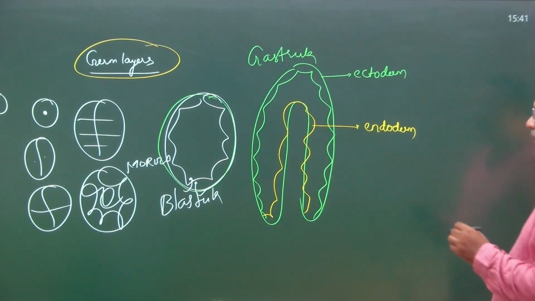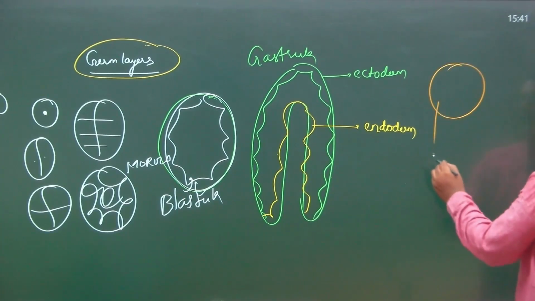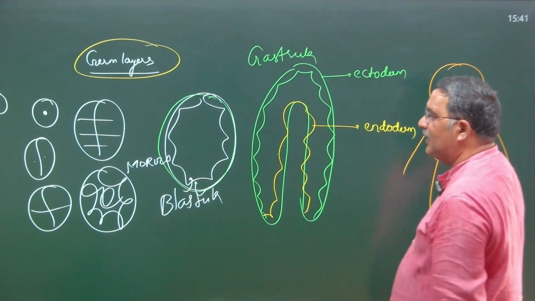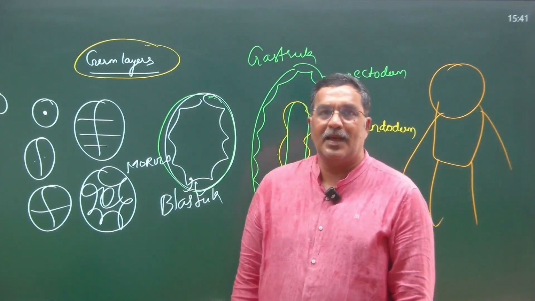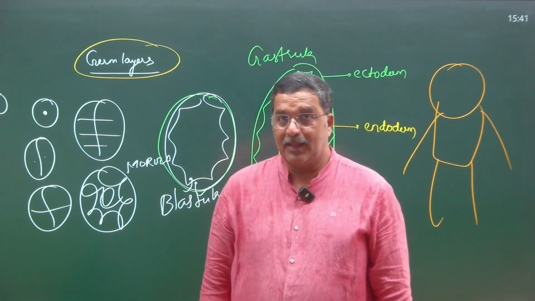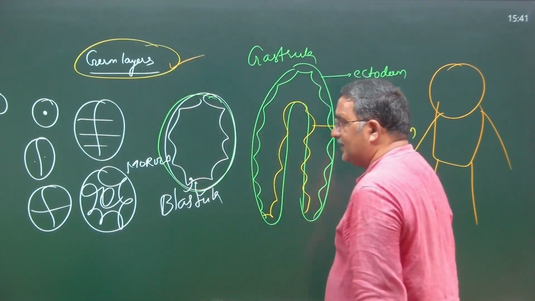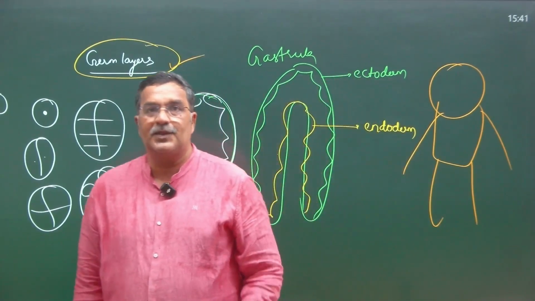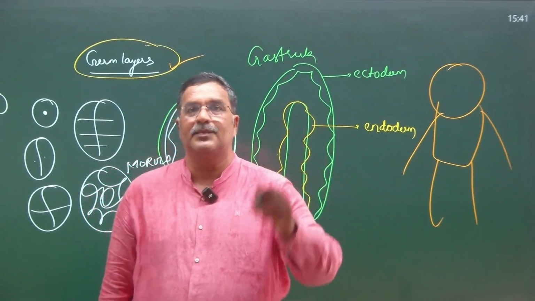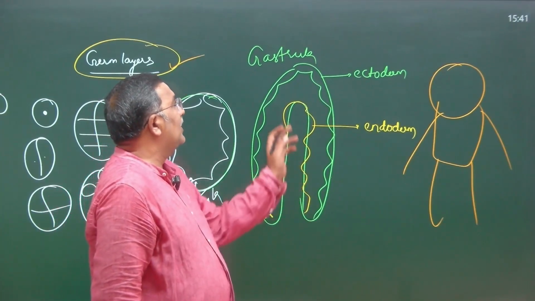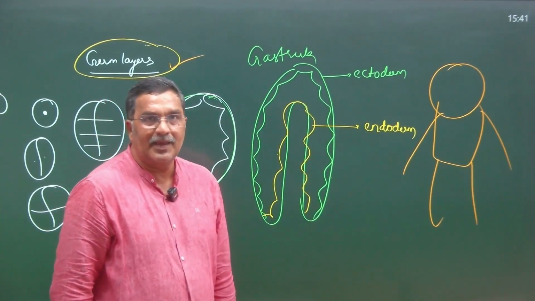During the process of development, these germ layers are going to form the whole organism. So I think you came to understand what exactly germ layers are. The layers formed during embryonic development which are responsible for the formation of the whole organism, we call them germ layers.